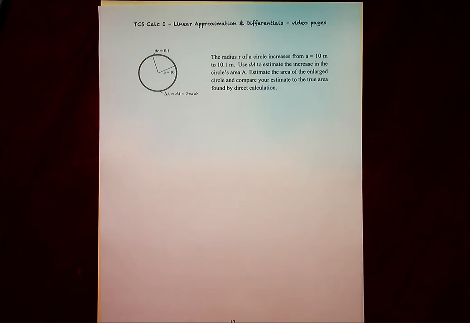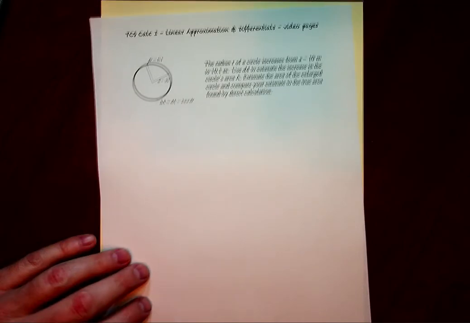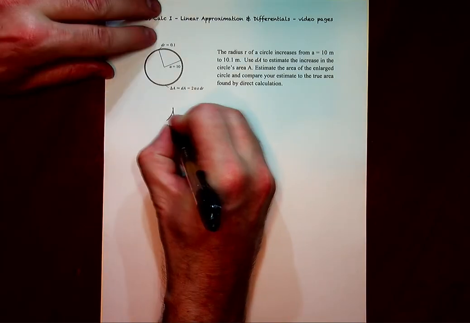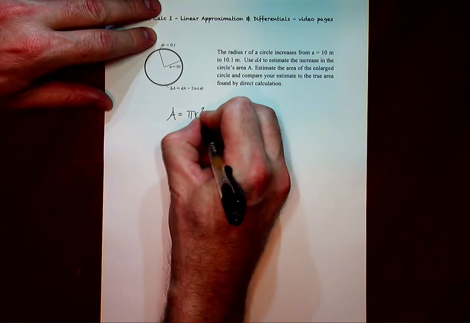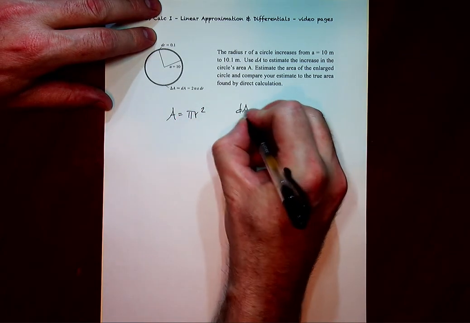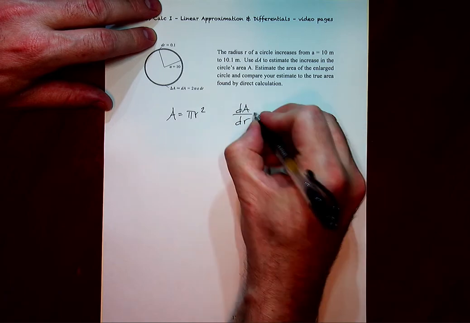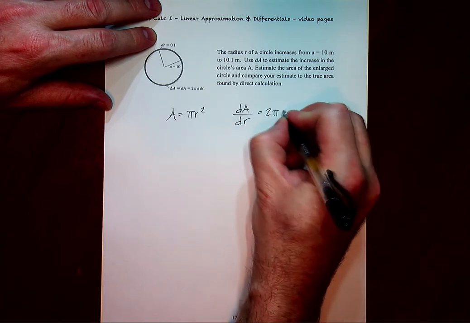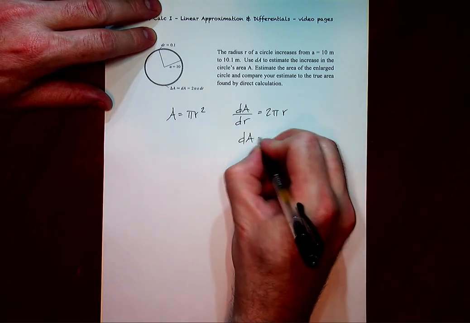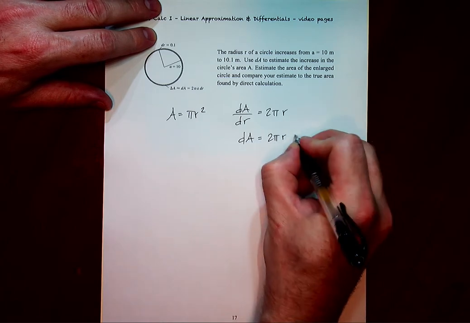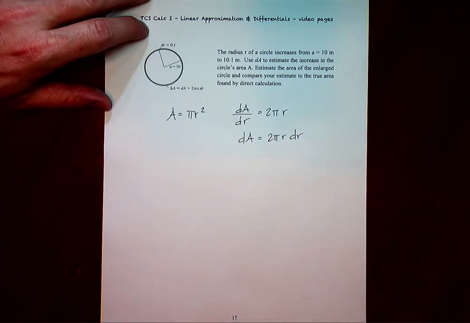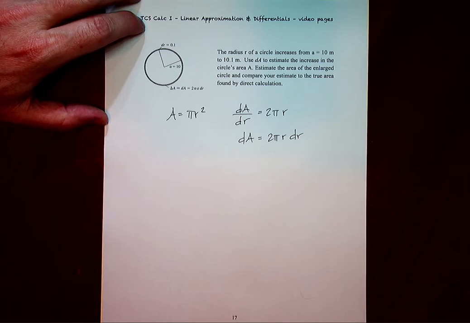Okay, and this one says the radius r of a circle increases from a equal to 10 meters to 10.1 meters. Use dA to estimate the increase in the circle's area. And of course, area is pi r squared. So dA over dr is equal to 2 pi r, or dA is equal to 2 pi r dr. Now it's in the form of differentials.